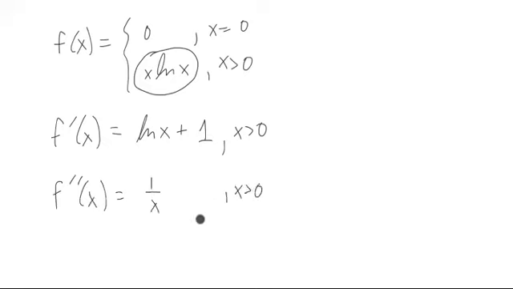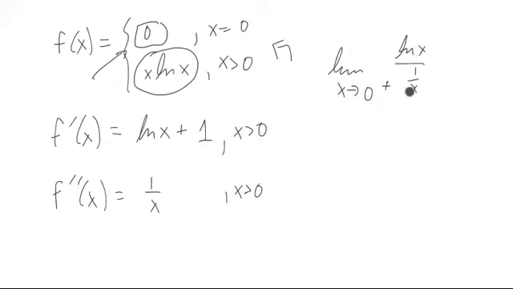Now, it's interesting to see what's happening here. Maybe the first question we should ask is, is this function continuous or not? This point seems kind of funny right here. What is the limit as x approaches 0 from the right side of x times natural log of x, which we could rewrite the following way. Use L'Hopital's rule, because we get negative infinity over positive infinity.